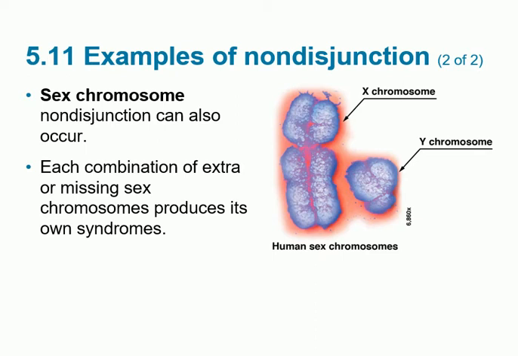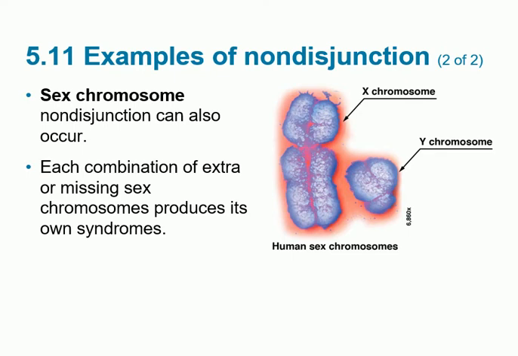Okay? Triple X syndrome is obviously a female, and it's not going to be a horrible thing. It's just a female that's taller with a few learning disabilities, but she will survive. XYY is male, same thing, a little bit taller, a little bit of learning disabilities, nothing much.